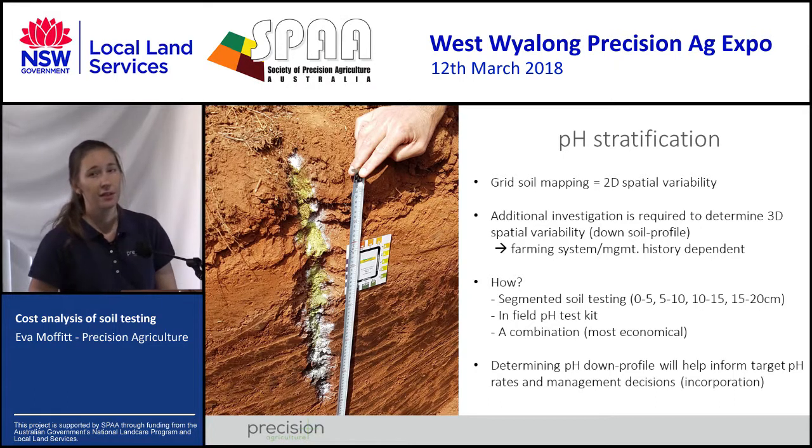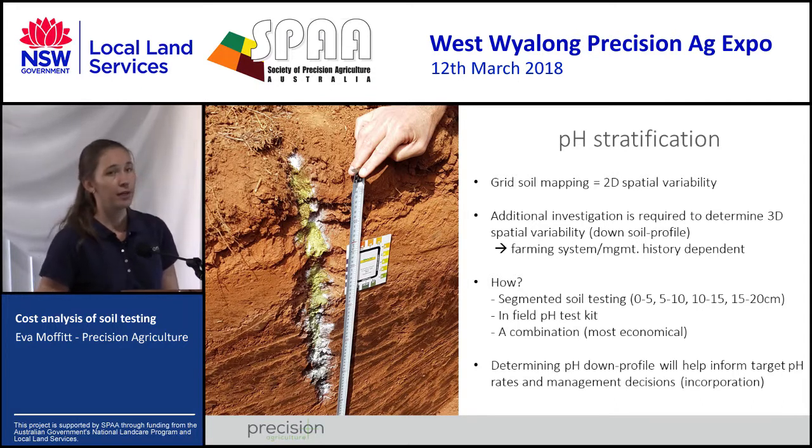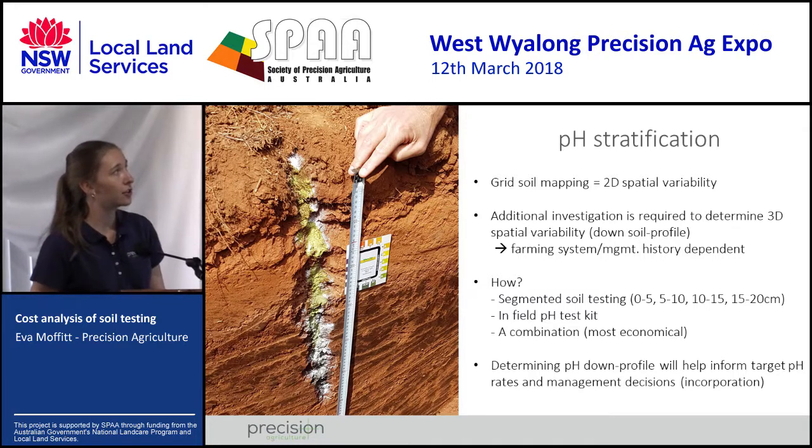Obviously this is going to depend on your farming system and your management history. If you're in a system where you've been minimum till or no till for a number of years, you're almost certainly going to have pH stratification. So you're going to have higher levels at the top, then possibly an acid throttle band, and then getting back into more alkaline conditions.